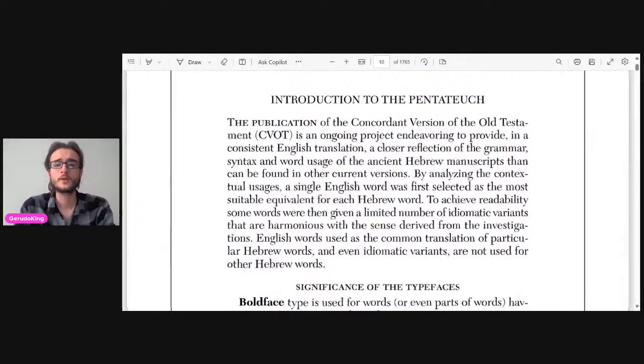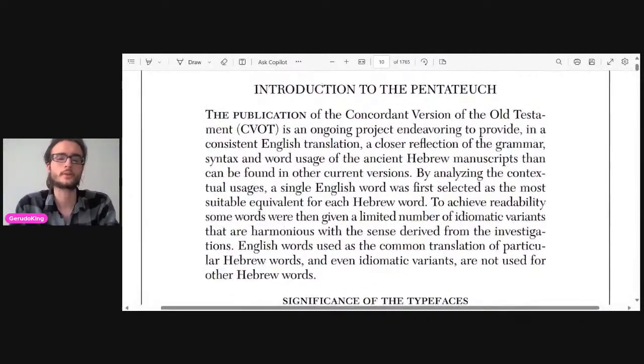Okay, so here we have the introduction to the Pentateuch. The publication of the CVOT, the Concordant Version of the Old Testament, is an ongoing project endeavoring to provide, in a consistent English translation, a closer reflection of the grammar, syntax, and the word usage of the ancient Hebrew manuscripts than can be found in other current versions.